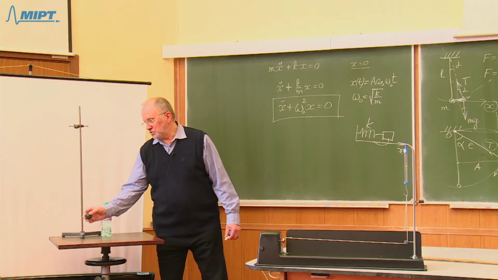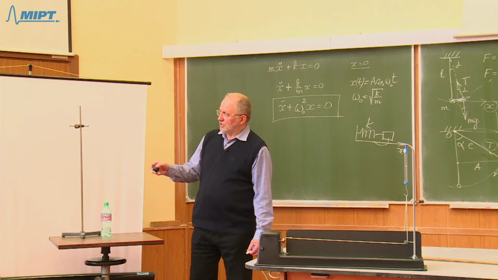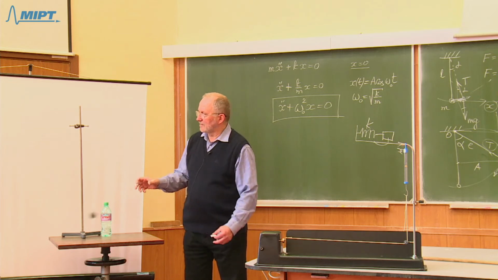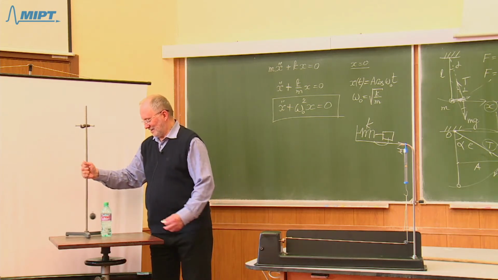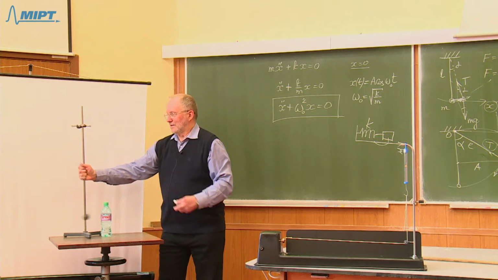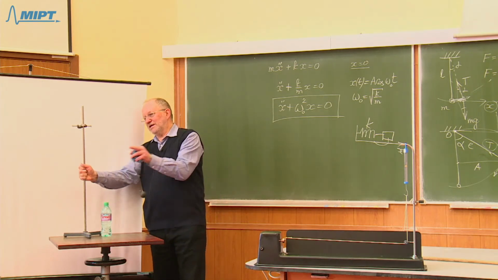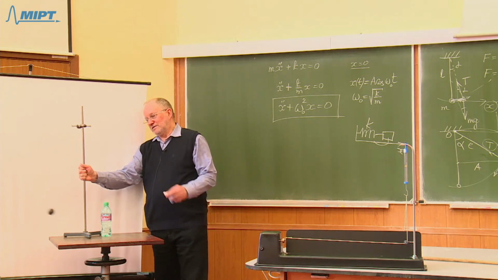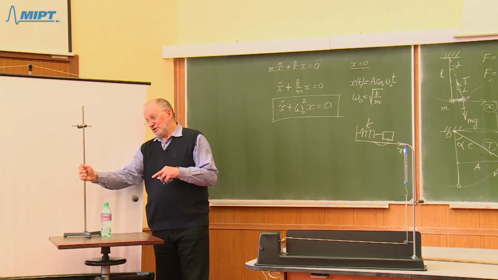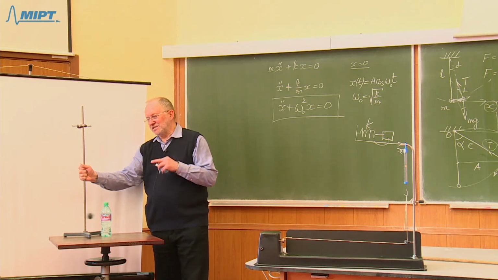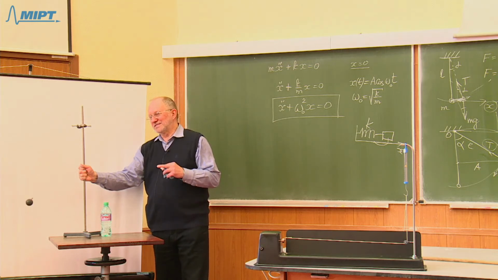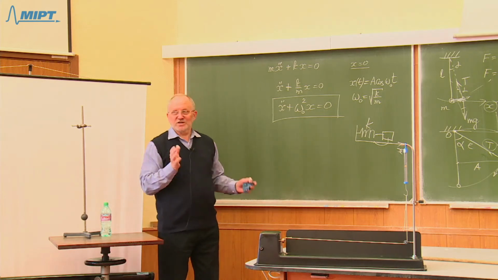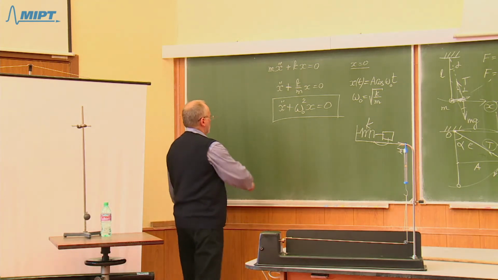But if I choose to arrange an oscillation of this body at larger angles, when the angle of deflection is comparable to 1 radian, not much smaller, then this oscillation looks like harmonic, but strictly speaking, it's unharmonic. It's described not by a cosine function, but by some similar function different from cosine.